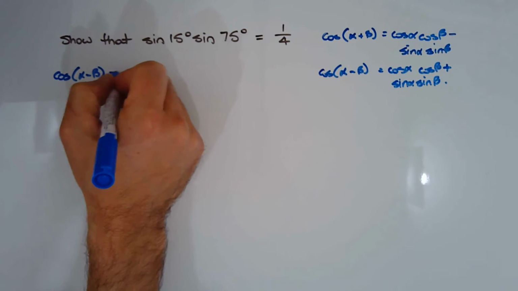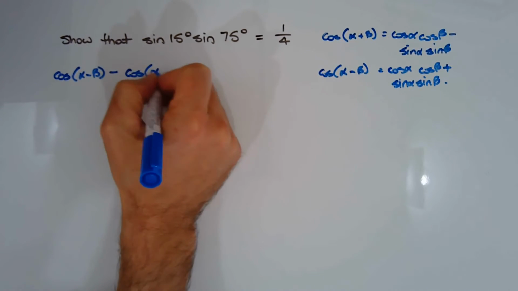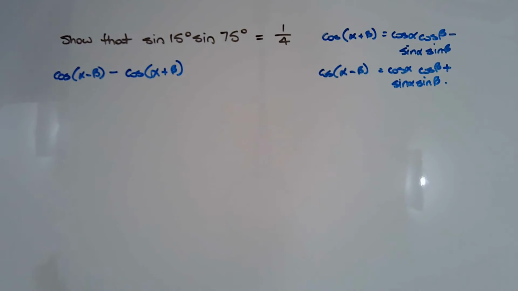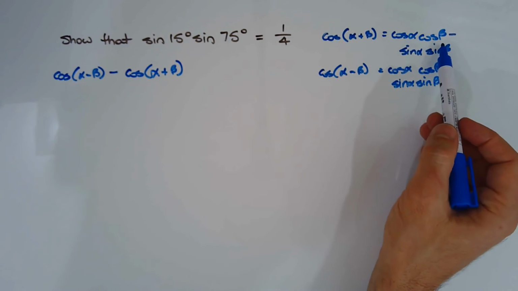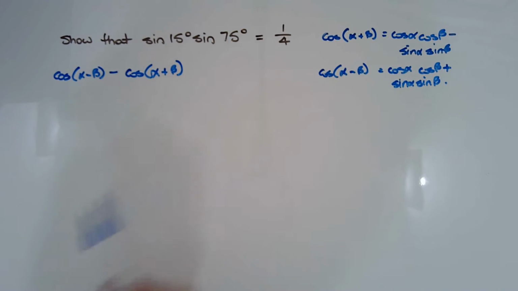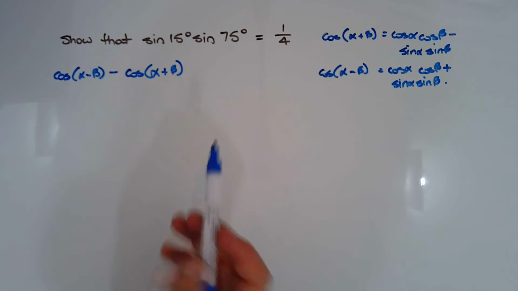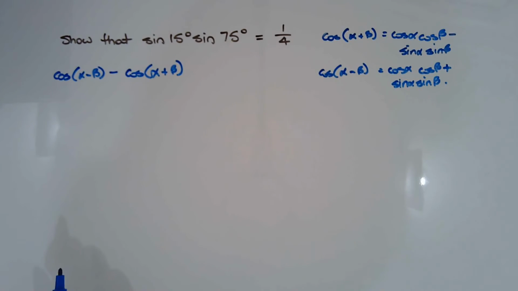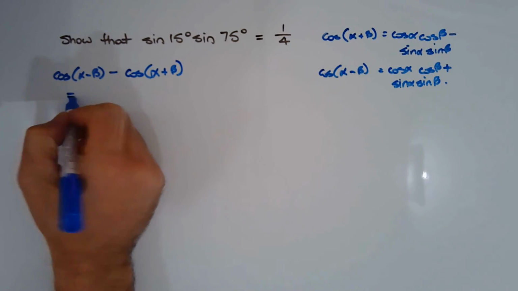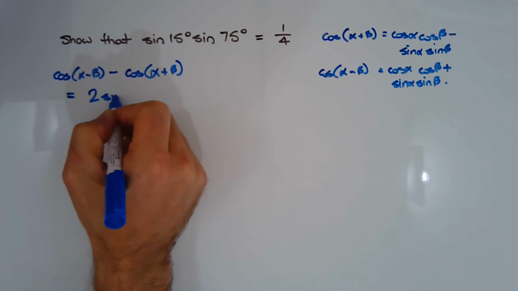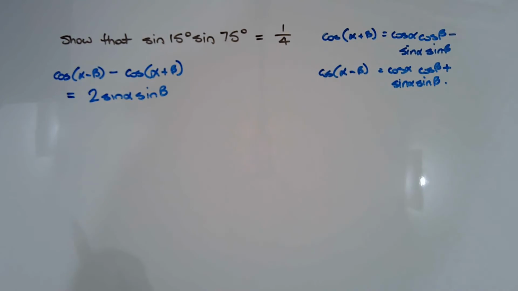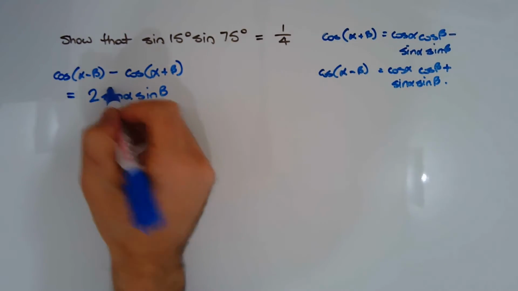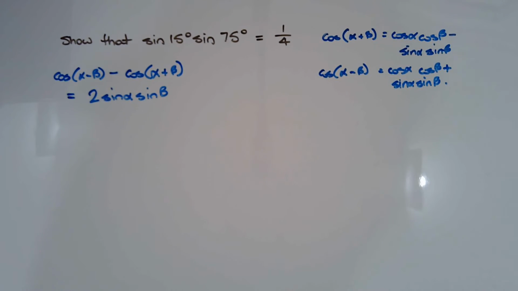And I'm going to take away from that cos of alpha plus beta, because cos of alpha plus beta has a cos alpha cos beta term, so one will negate the other, and they'll disappear nicely. So you're going to end up with 2 sine alpha sine beta.